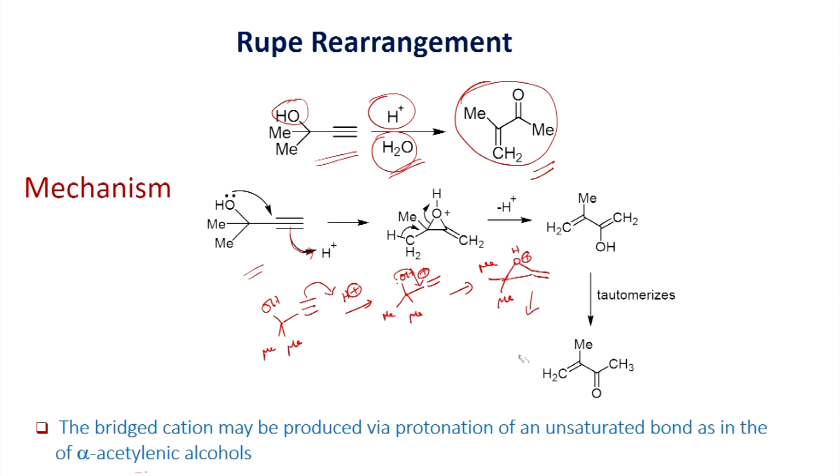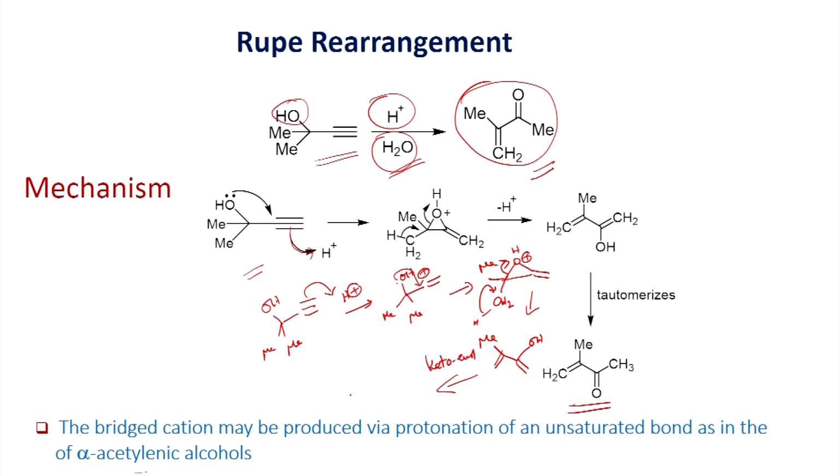Now, this can convert into this intermediate. This can tautomerize to this vinyl ketoenol.